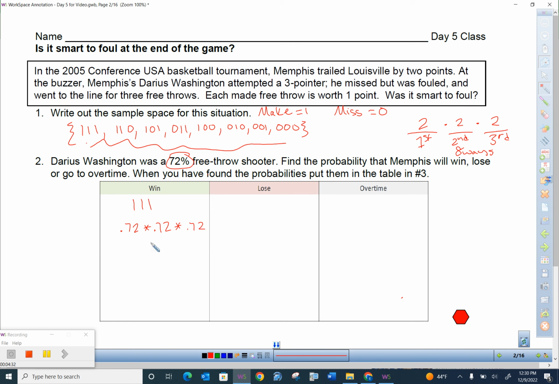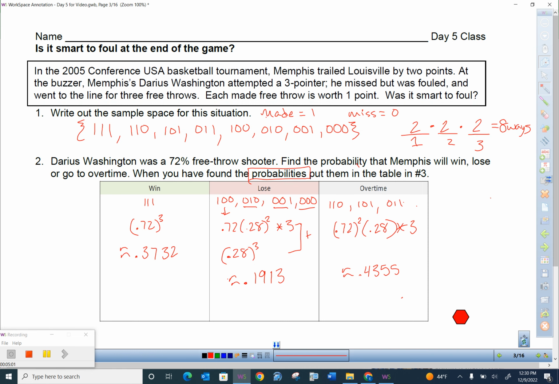And a better way to write this is 0.72 to the 3rd power. Okay, so what I want you to do is pause the video and, 1, type that in your calculator, simplify that, but then go figure out all of the ones that would mean losing and all of the ones from here that would mean tying, so going into overtime, and then find those probabilities for me. Okay, when you're done, you can come back to the video.